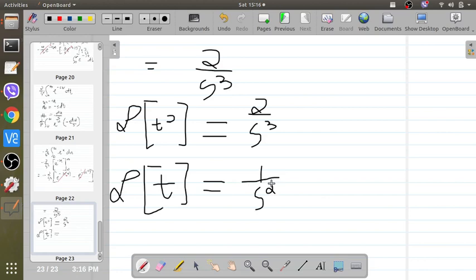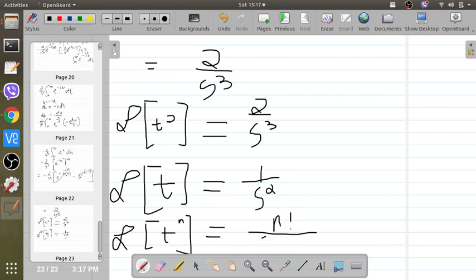By this, they came up with how to solve the Laplace transform of t to the power of n, where n is any constant number. They concluded that the formula is n factorial over s to the power of n plus 1.